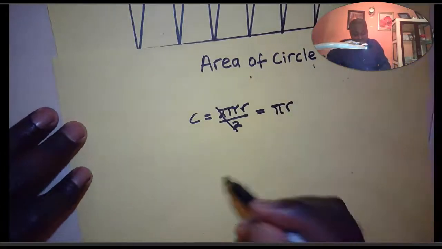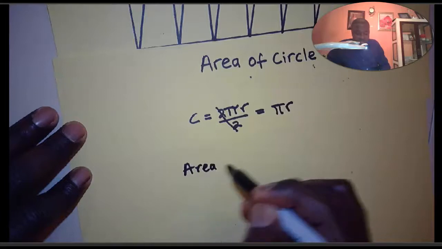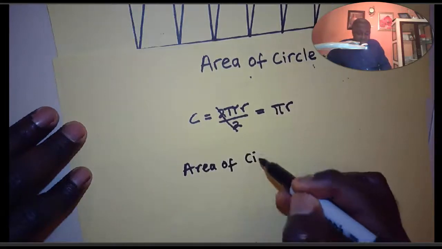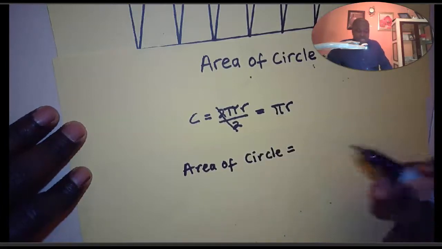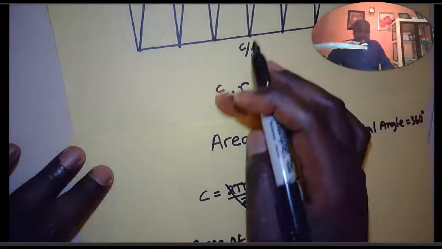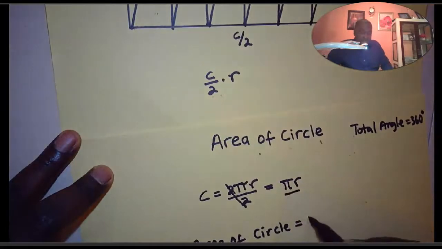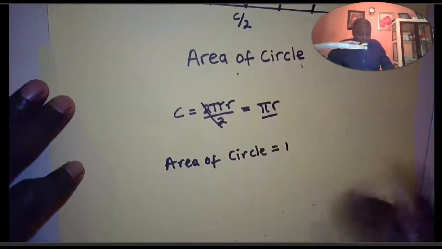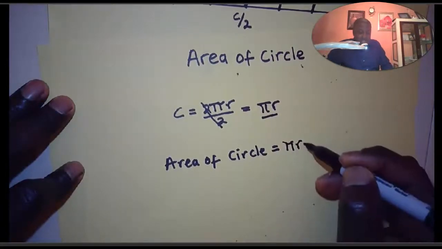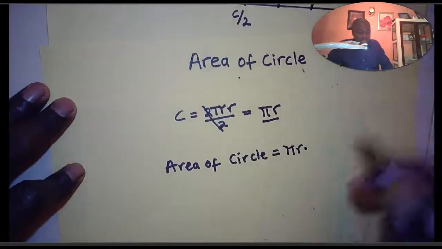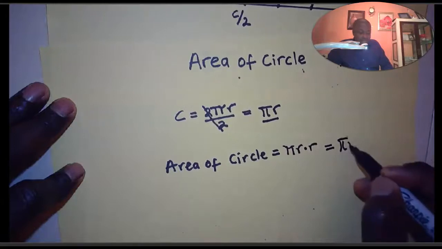So as we are looking for the area of a circle, we can say that this circumference divided by 2, which is given to us here as pi r, times the width here, which is the r, we are getting pi r squared.